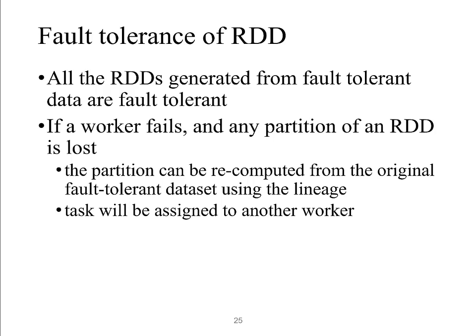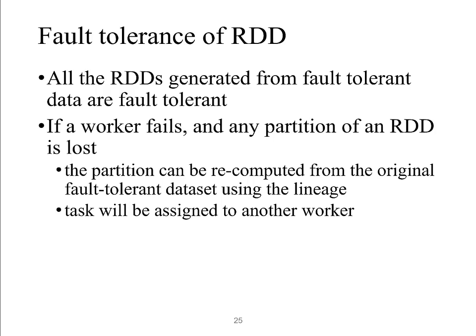So in order to handle such a case, because we know that there is a series of functions, either transformations or actions, that are executing on this partition of the RDD, these operations, as shown in the RDD lineage, have dependencies between them.